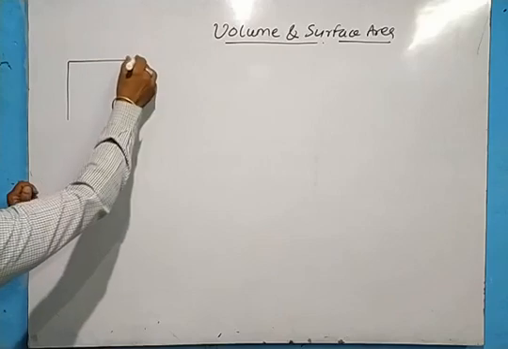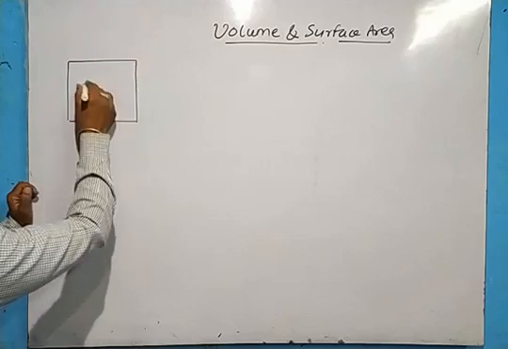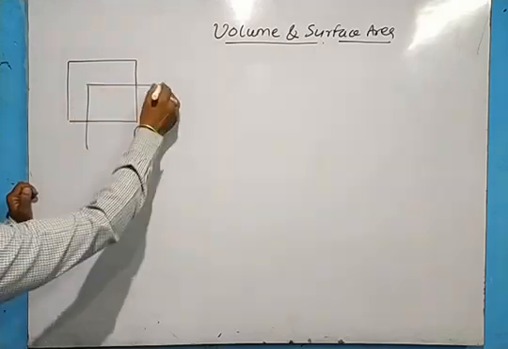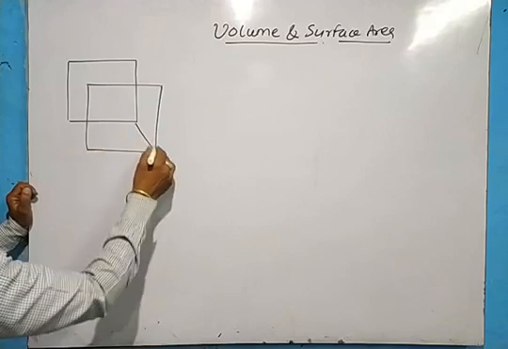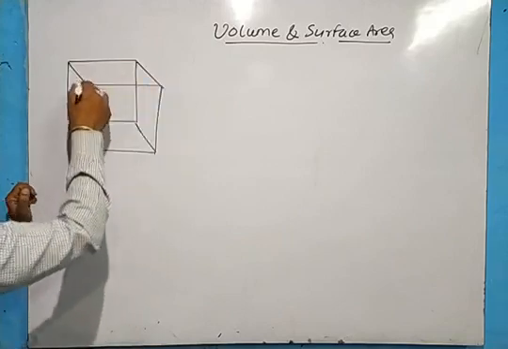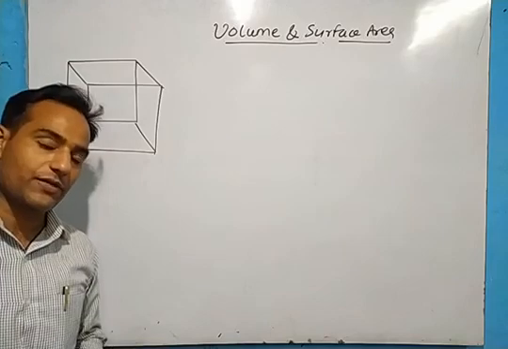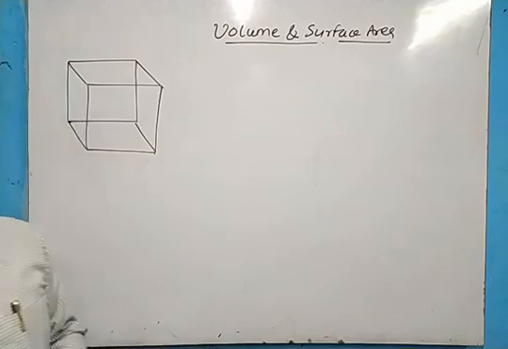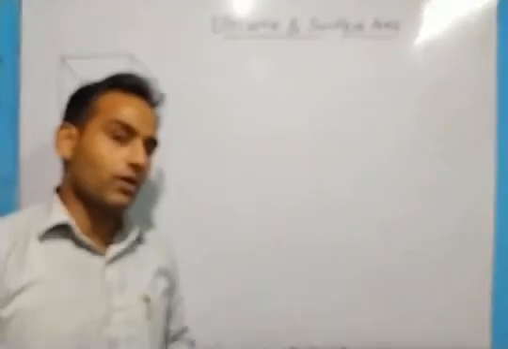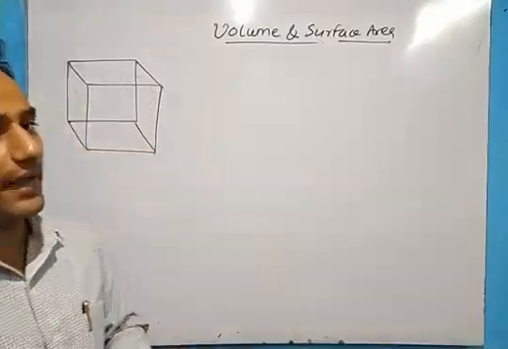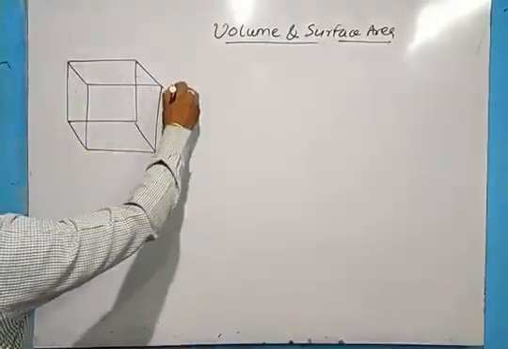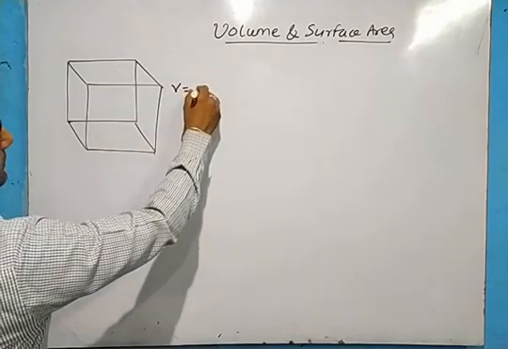If it is a cube, then the volume of cube, total surface area of cube, lateral surface area of cube, which is the area of four walls, and the diagonal of the cube. So volume of cube is side cube.